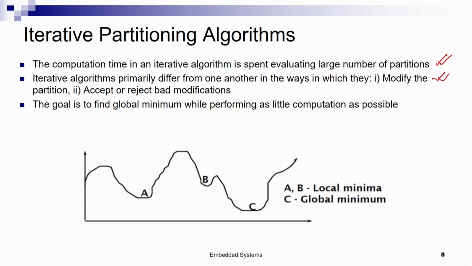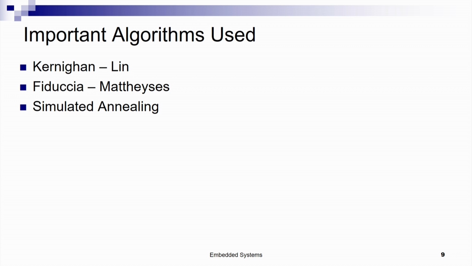So, it is sometimes essential to also accept bad modifications. Now, the overall goal of the iterative partitioning algorithms is to find a global minimum while performing as little computation as possible. And as we said, there are a few important iterative partitioning algorithms that we will see. We will see the first two among them, we will not see simulated annealing, but the important ones are Kernighan-Lin, Fiduccia-Mattheyses and simulated annealing.